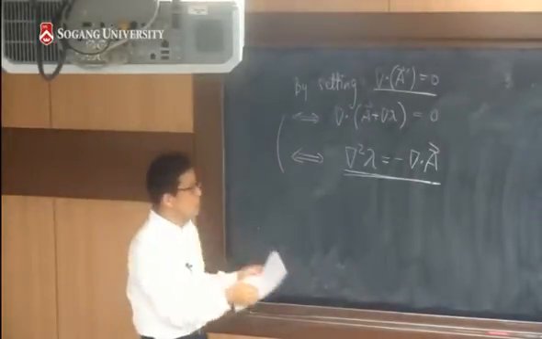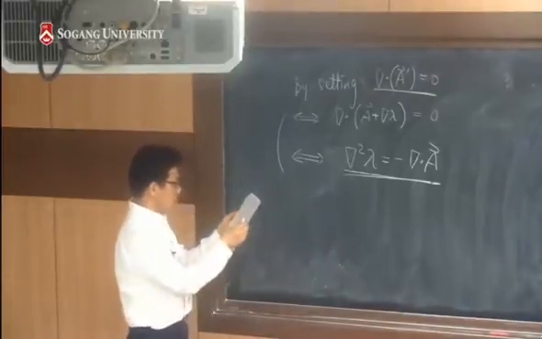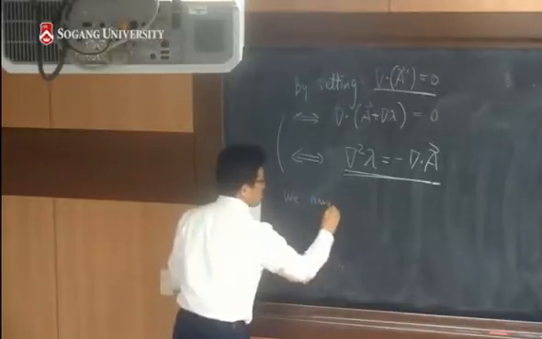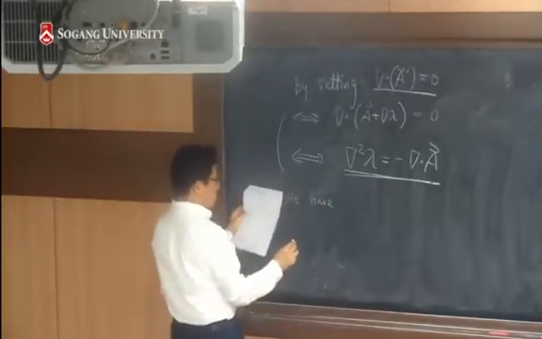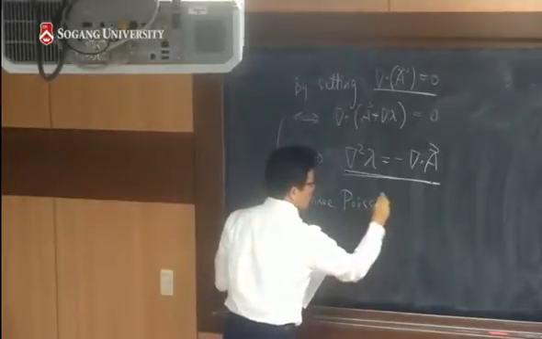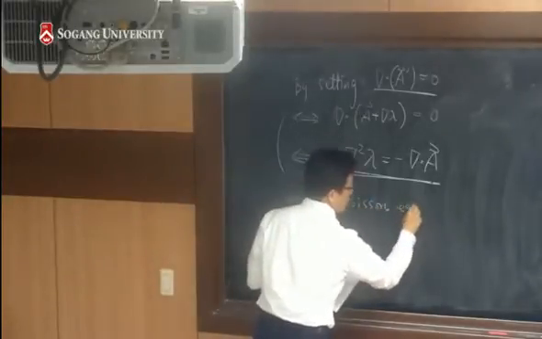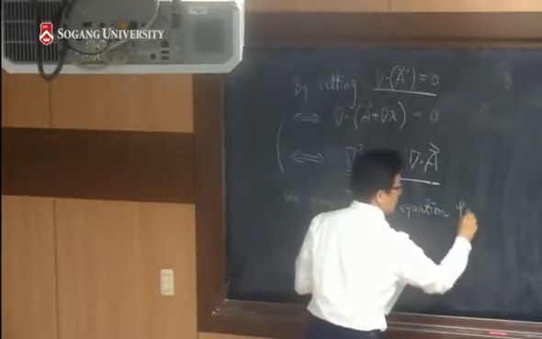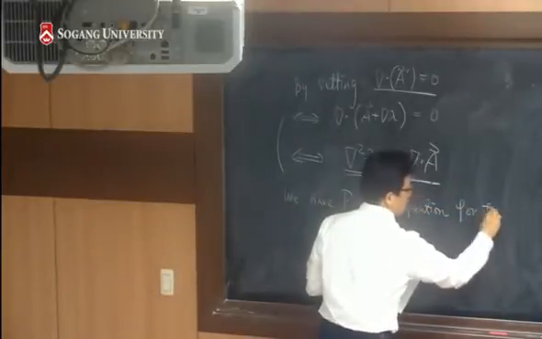Okay, so the way you can solve all this is that we have a Poisson equation for the vector potential.